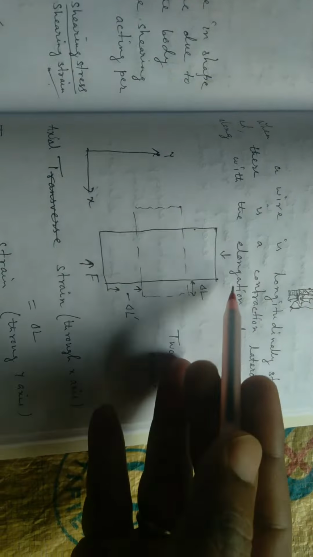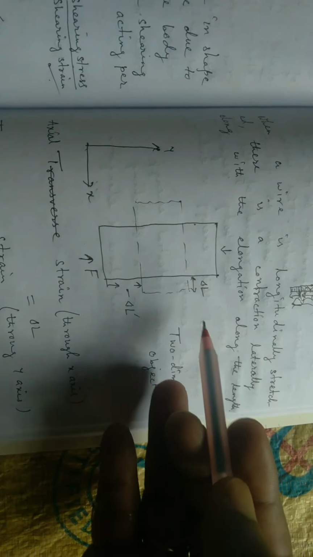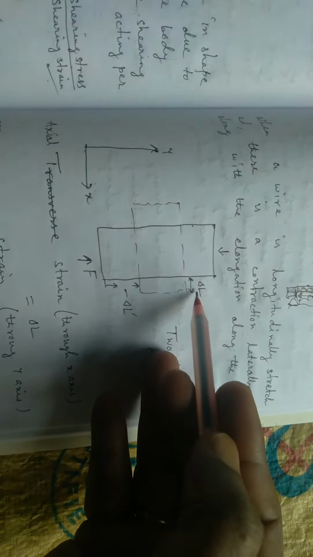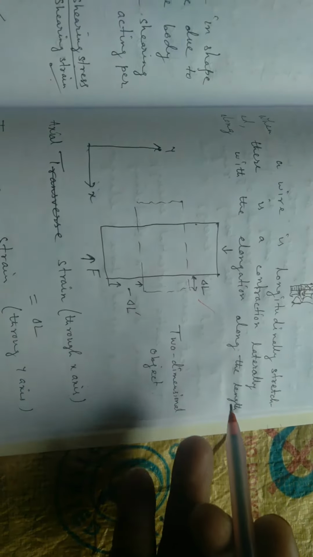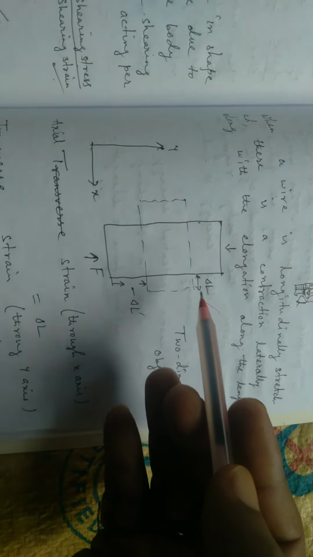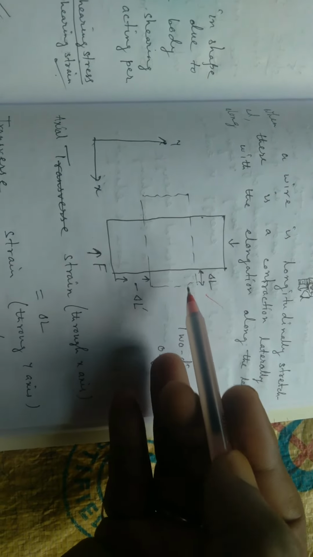Now if we take the lengthwise elongation, this is delta L, and the contraction laterally we will take as delta L dash. So there are two changes in two-dimensional cases. In three-dimensional there will be three changes.